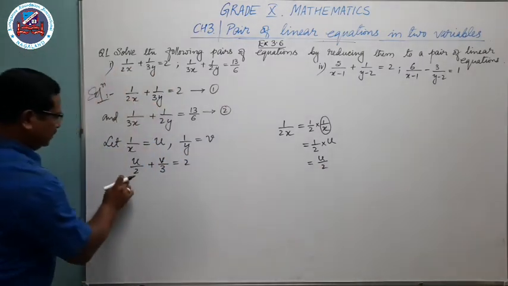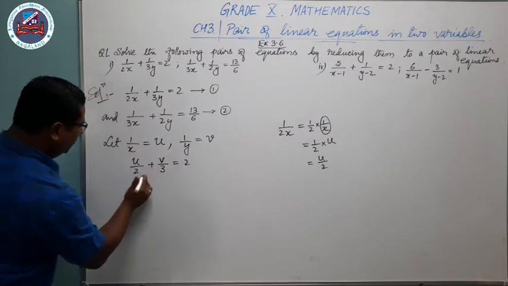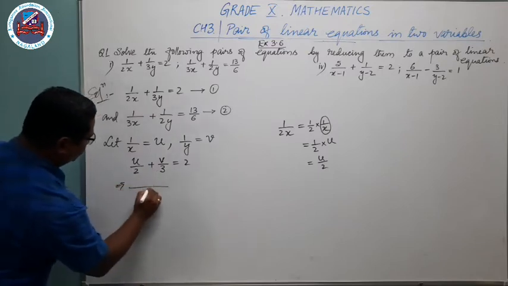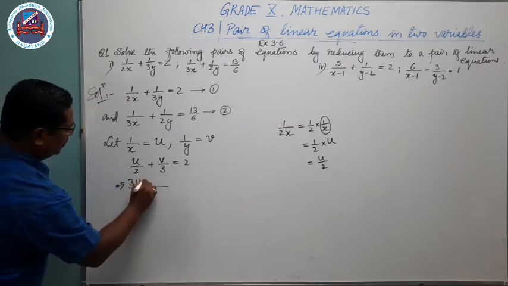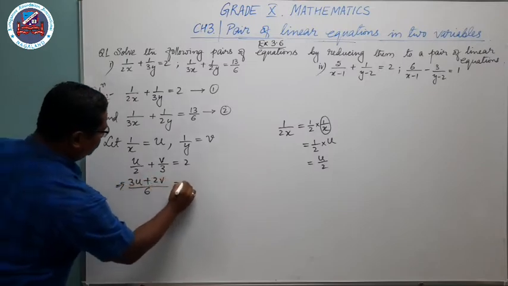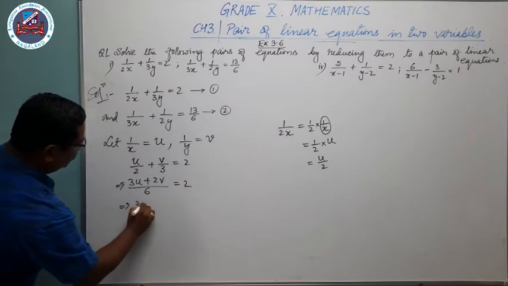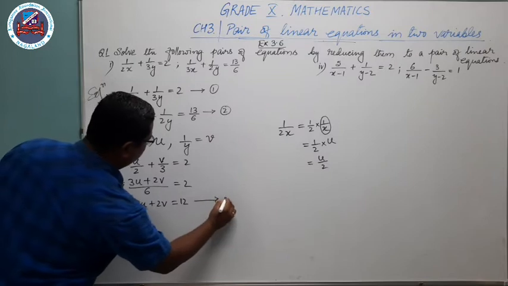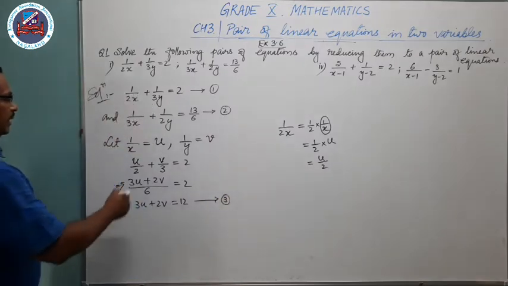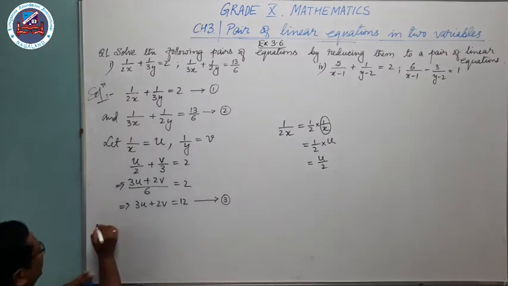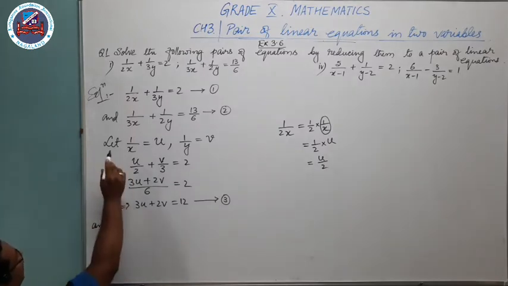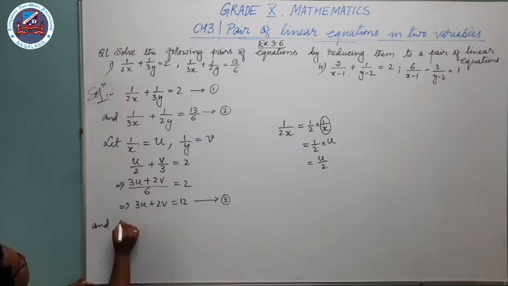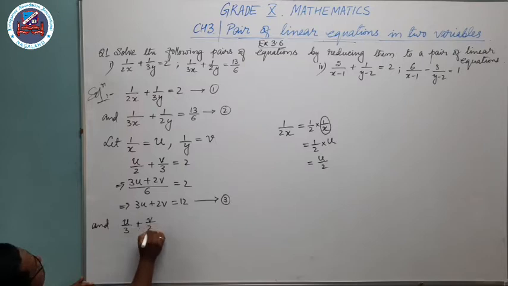Then after that, on the other side we see that it's a fraction. So we'll take LCM. 2 3s are 6. 3u plus 2v is equal to 6 2s are 12. This one we will mark as equation number 3. And we'll go to the second one, 1 by 3x, you can write u by 3 plus v by 2 is equal to 13 by 6.